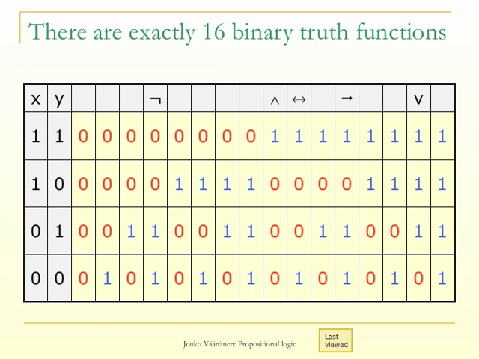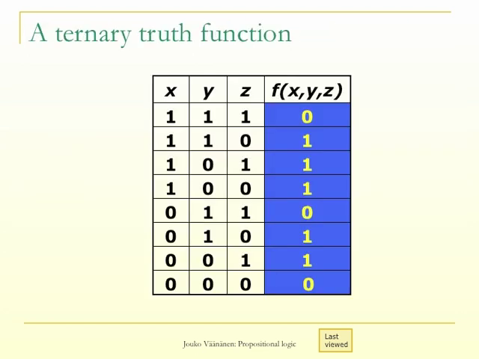If we made a similar table of all ternary truth functions, there would be many more cases simply because there are many more ternary functions than binary ones. Here is an example of a ternary truth function.